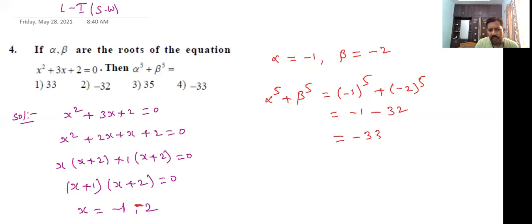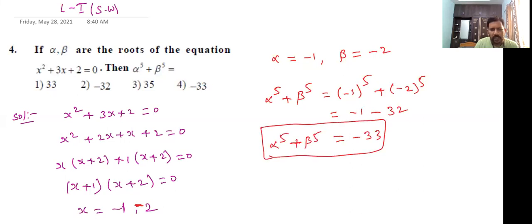So the final answer is minus 33. Which option is correct, students? Fourth option.